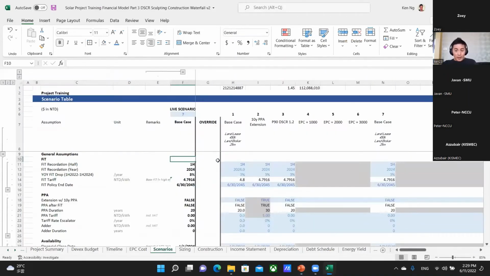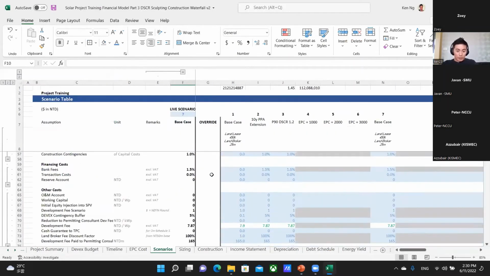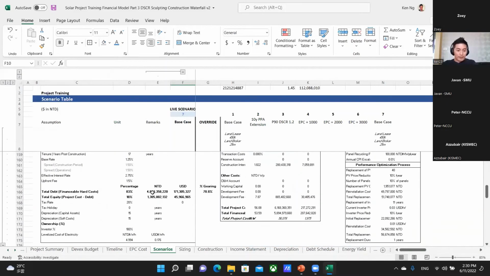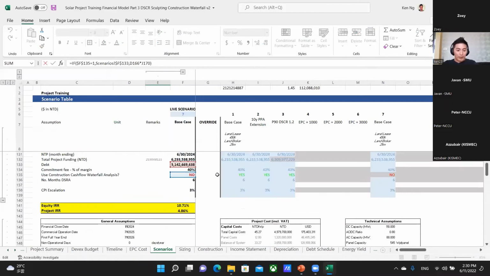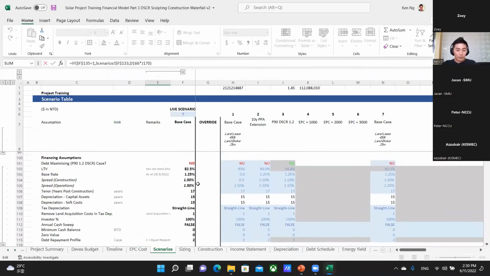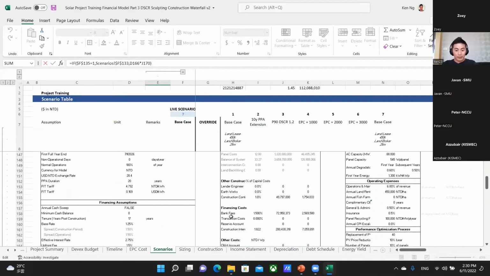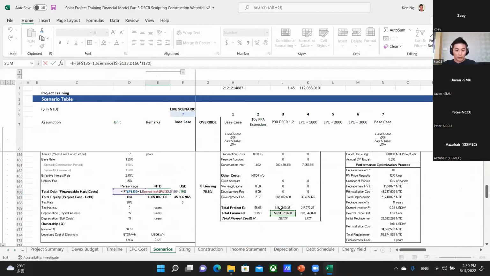So in terms of the total project cost calculation, as we discussed just now, the debt financing is basically our gearing, which is a percentage, 82.5%, multiplied by the total project cost. But we're trying to avoid a model circularity in the financial model right now.